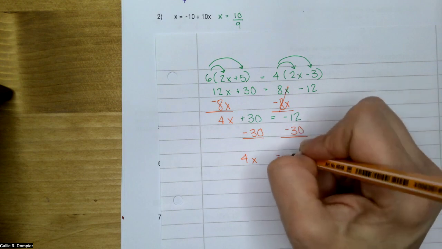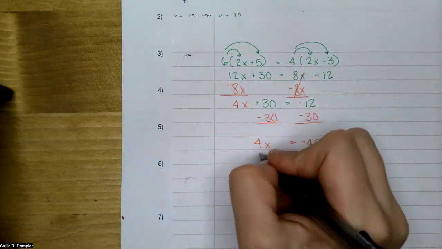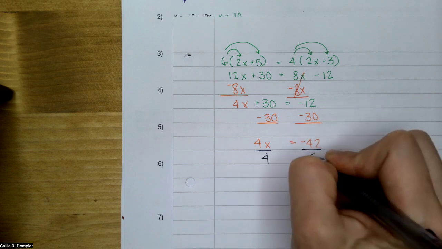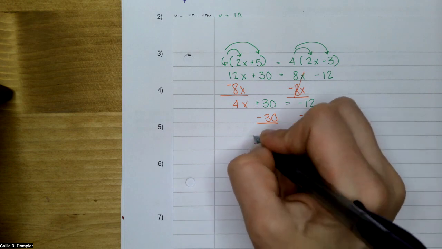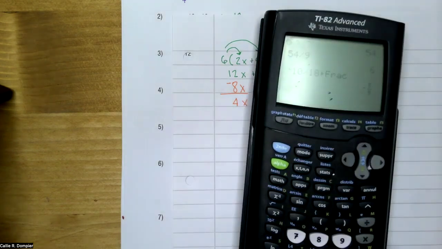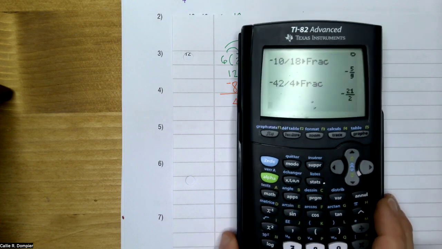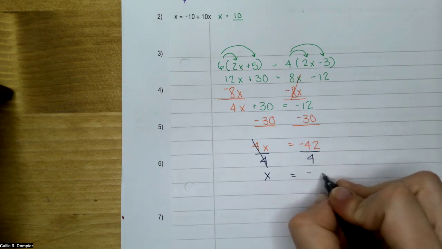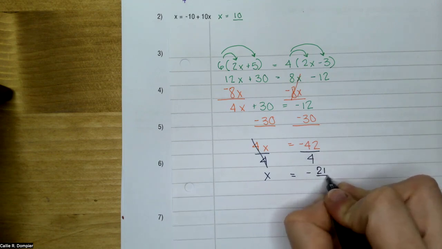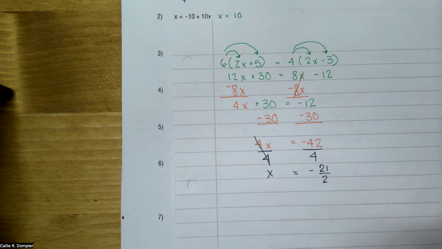So that's negative 42. X is being multiplied by 4, so we want to divide it by 4. Divide it by 4. That cancels to x, and negative 42 divided by 4 is negative 21 halves in its simplest form.